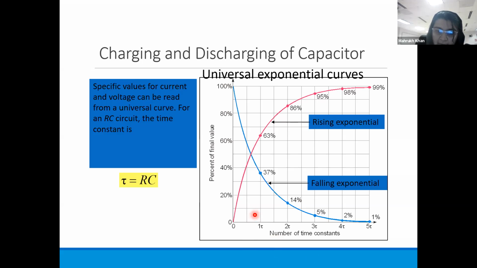You can see that 1 tau means that if you are charging a capacitor, it is 63% charged. If you keep charging it and it reaches 5 tau, the capacitor normally charges fully. So this is the charging waveform of the capacitor, and similarly, this will be the discharging waveform of the capacitor.